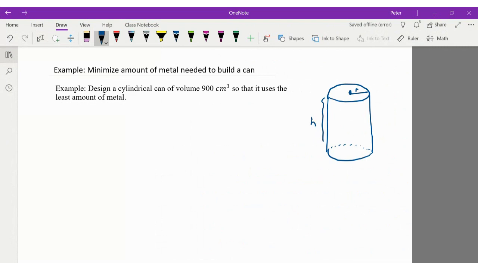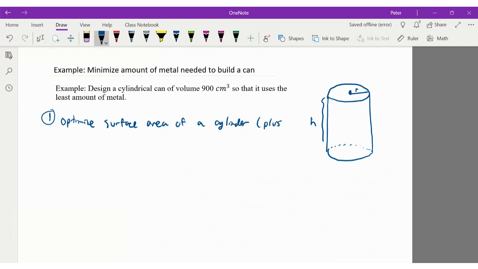The surface area of a cylinder is what we're really trying to optimize.